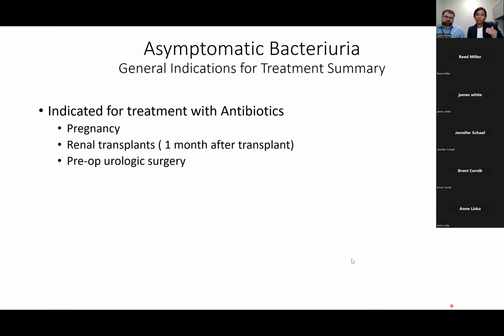So make sure we look for everything else, and if those are negative and the patient has suprapubic tenderness, flank pain, purulent discharge from the urethral area, purulence in the Foley, then those might be indications of a urinary tract infection.